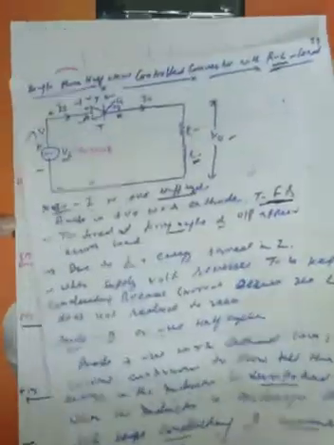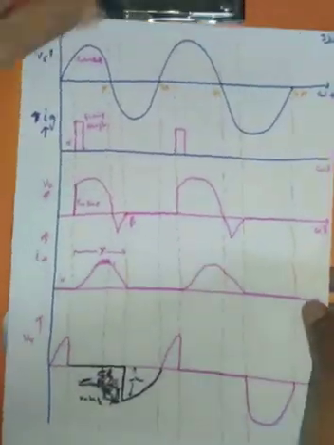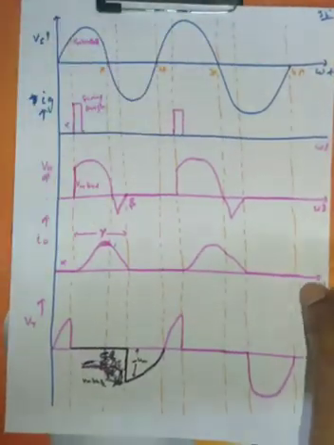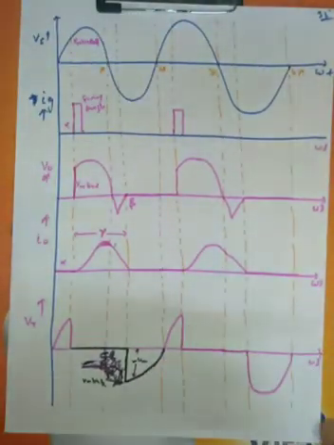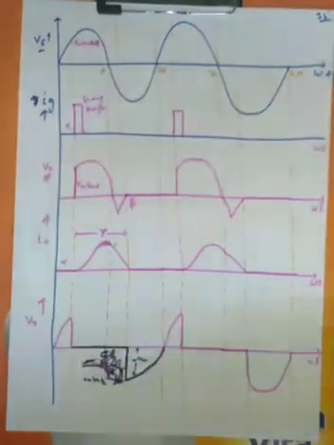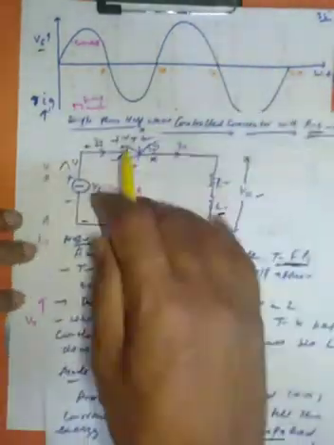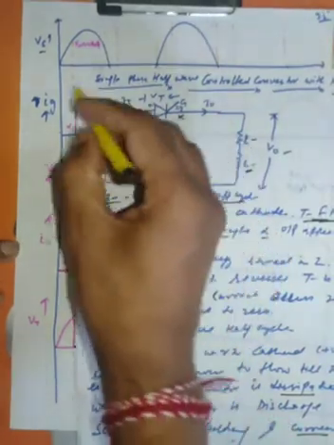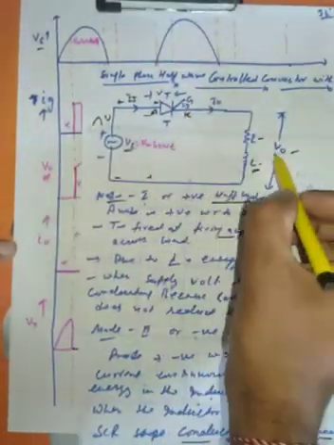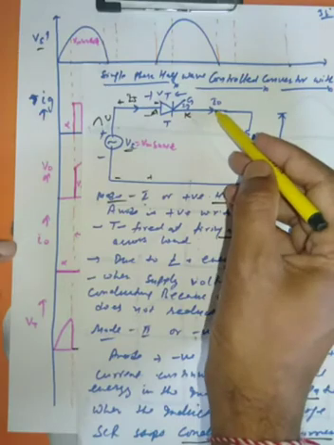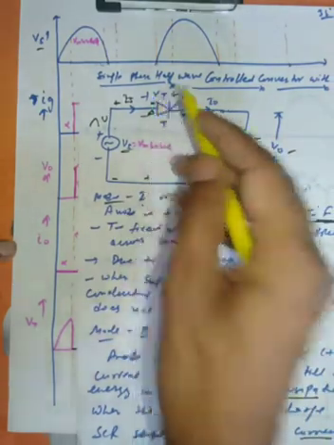Now we can see the waveform for the single phase half wave controlled rectifier with RL load. This is your input Vs, and you have the different parameters: the gate pulse current Ig, the output voltage, the output current, and the thyristor voltage Vt.